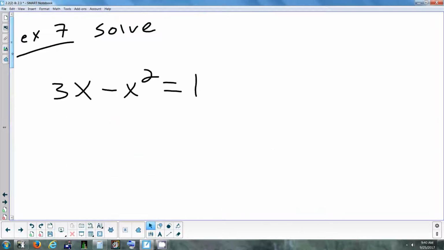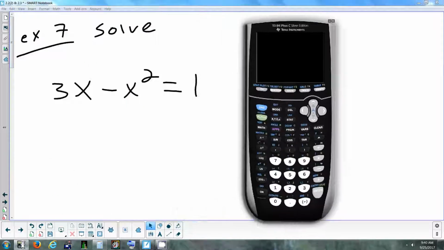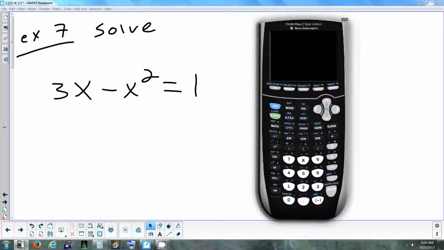All right, let's try this one. Okay, this one, since we just did quadratic equation, I'm going to do this one differently. I can think of at least 2 main methods, but can somebody give me one way I can solve that on the calculator? And again, I know this section is more about algebra, but I just want to keep reinforcing the calculator, unless someone needs me to do another quadratic formula.